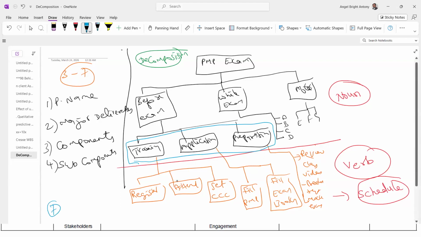Assume, not this example, for examination purposes. The 4th level will be subcomponents, the 5th level subcomponents, the 6th level subcomponents, and the 7th level work packages. You have to know this because there can be questions in the examination based on work packages. So keep in mind, activities are not part of your WBS.